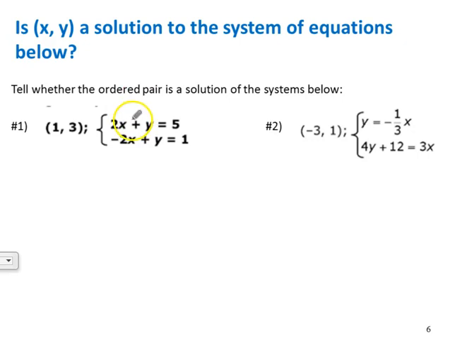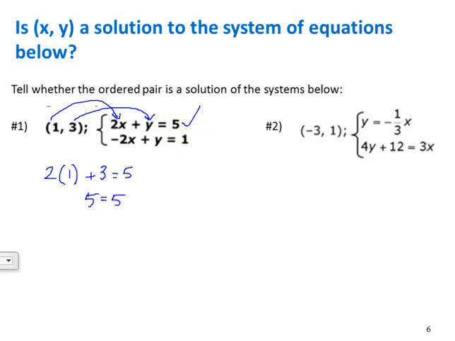All right, so to check our solutions and see if they work, we're going to plug the values into each of the equations and see if they work. So for number 1, 2x plus y equals 5. x is 1, so I'm going to substitute in 1 for x, and then I'm going to substitute in the 3 for y and see if that works for that first equation. So 2 times 1 is 2. 2 plus 3 is 5. So for that first one, it works.